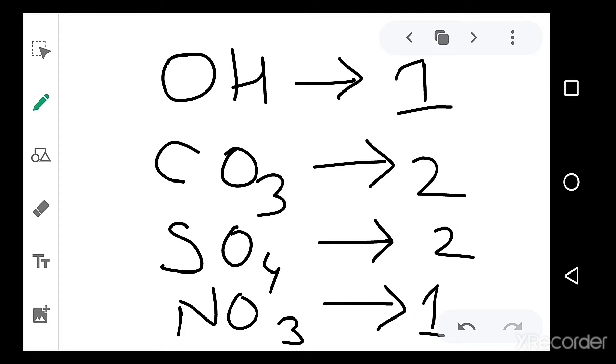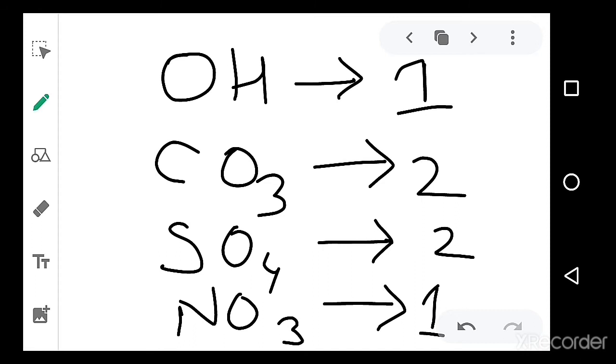So these are not compounds, but these are groups which react with elements in a grouped manner. They do not separate even after a chemical reaction. So these groups have their own different valency.